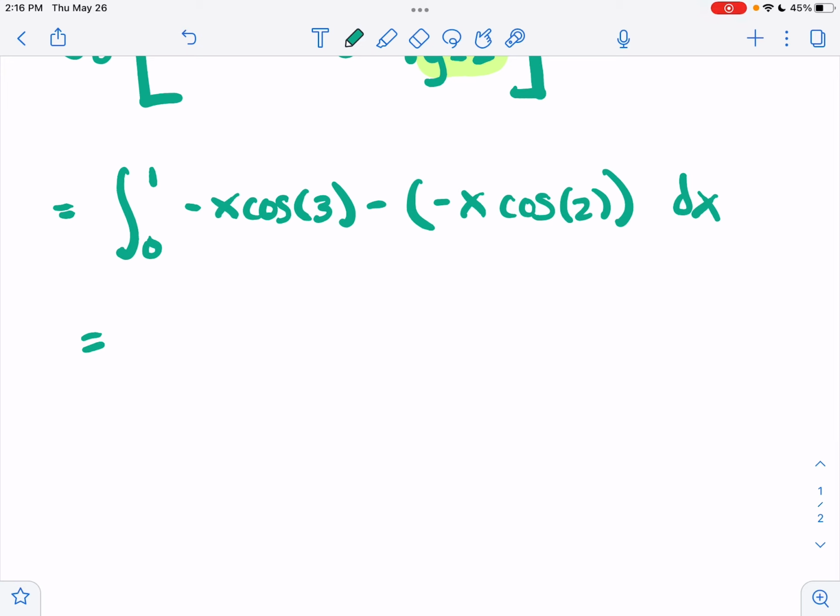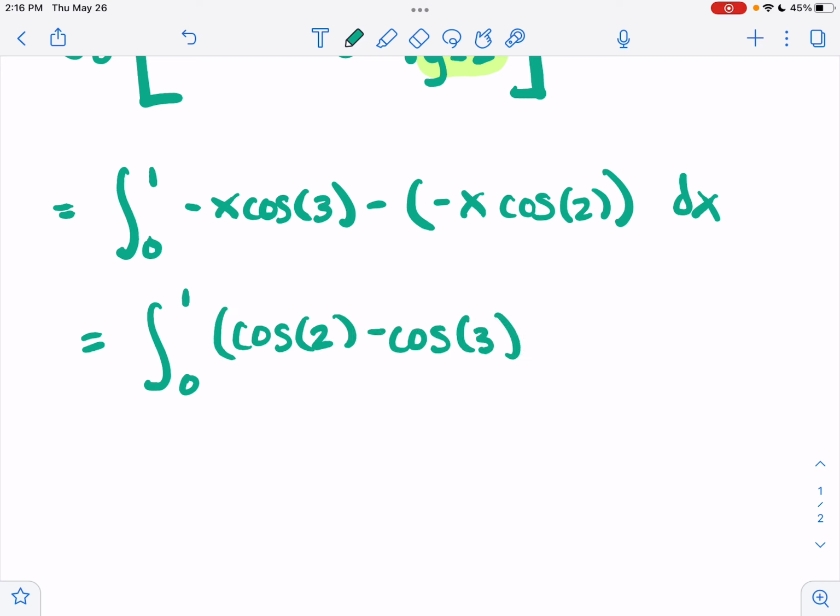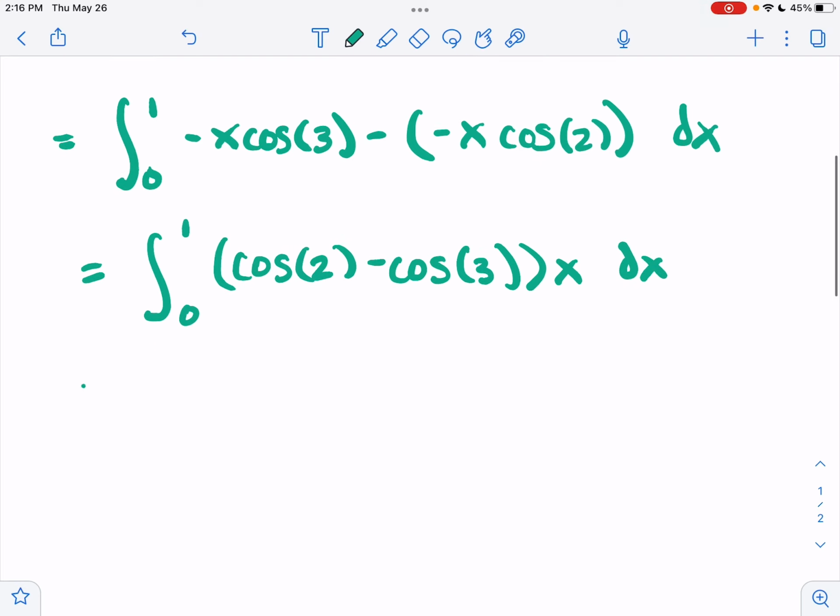So let's see, what do we have here? We can clean this up just a little bit. This is cosine of 2 minus cosine of 3 times x dx. And that integral, cosine 2 and cosine 3 are just constants, so those can come out of the integral.